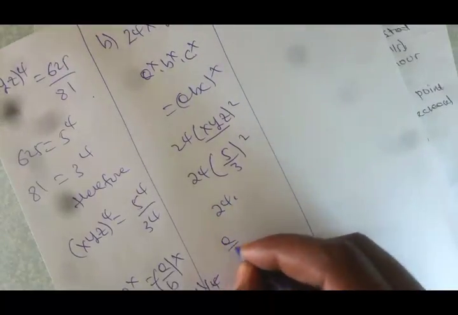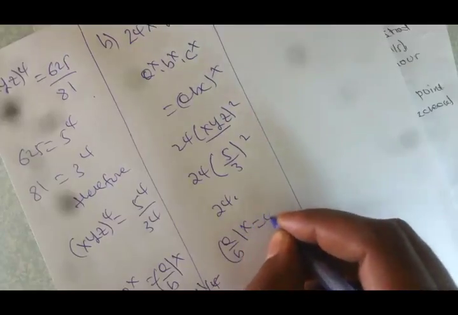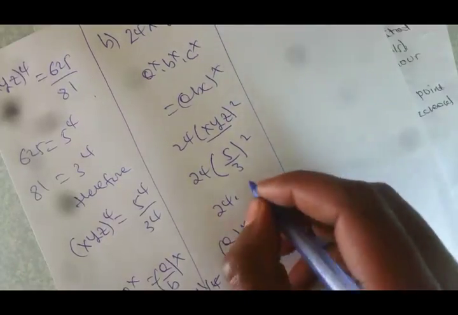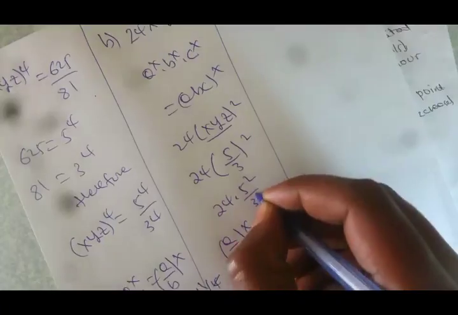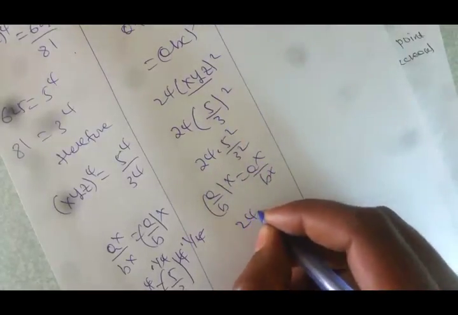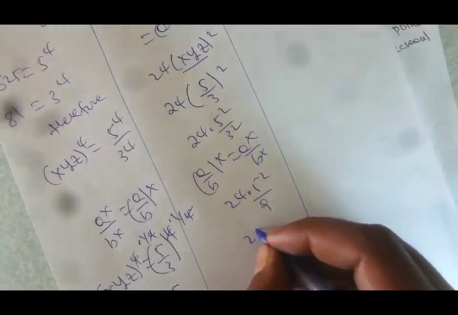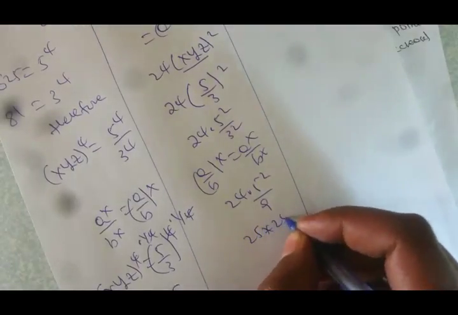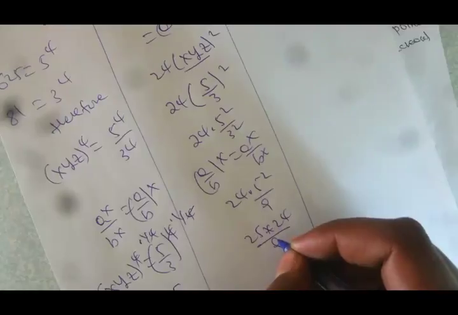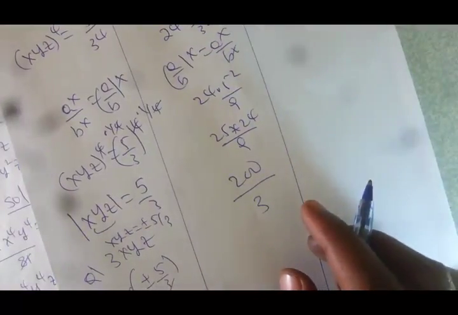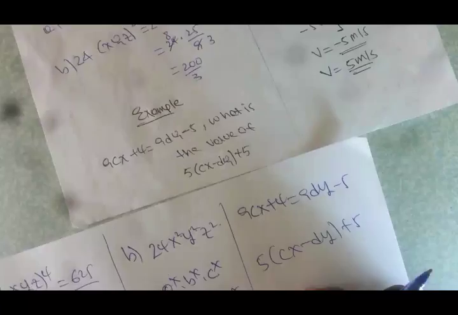We know that (a/b)^x is equal to a^x over b^x, so 5^2 over 3^2. 24 times 25 over 9. This is equal to 200 divided by 3.